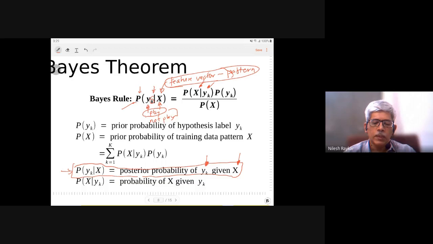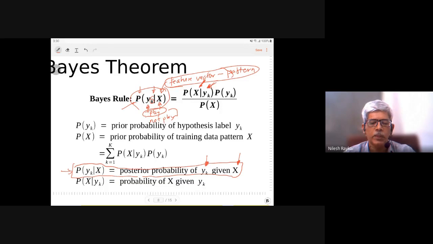Okay, so one of the parameters that we require to calculate this left hand side, which is of our interest, is the first term: the probability of having this pattern in the data that is available to us. That is the likelihood: for the pattern we are trying to predict, how much is the probability of having that pattern on a day on which you are playing tennis?